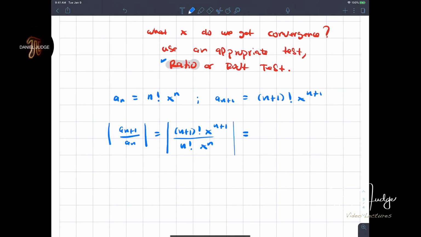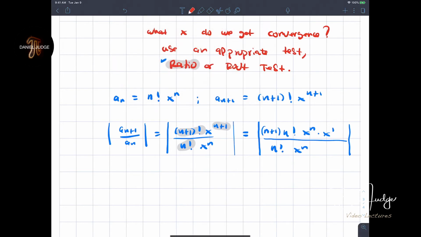Well, let's use our properties. But before we use properties, let's actually simplify. We're going to look at each term. That's n plus 1 factorial. So if you remember, we write this as n plus 1 times n factorial, because we're going to cancel out with this n factorial down there. And then we look at the properties of exponents, and that's x to the n times x to the first power, over that n factorial x to the n.